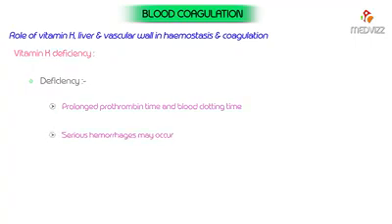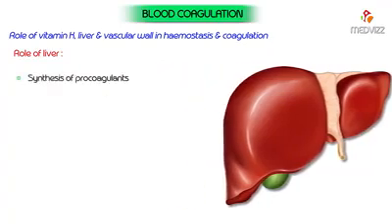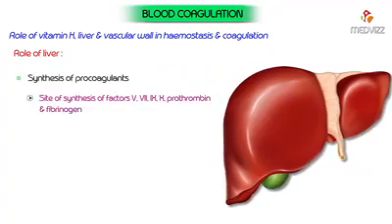Role of liver. Liver plays the following significant roles in the coagulation mechanism. Synthesis of procoagulants: it is the site of synthesis of factors 5, 7, 9, 10, prothrombin, and fibrinogen. Removal of activated procoagulants: liver also removes the activated procoagulants from the blood.